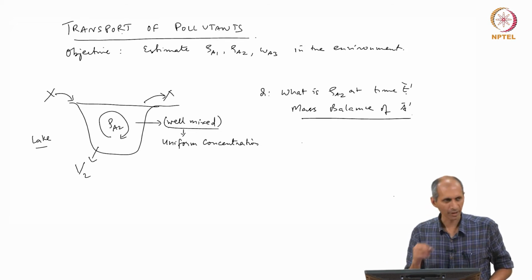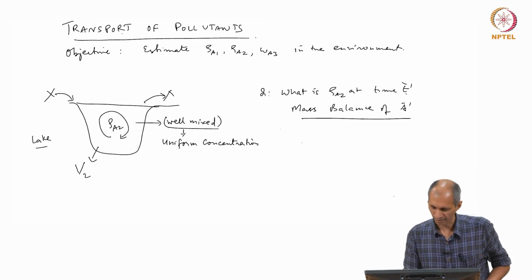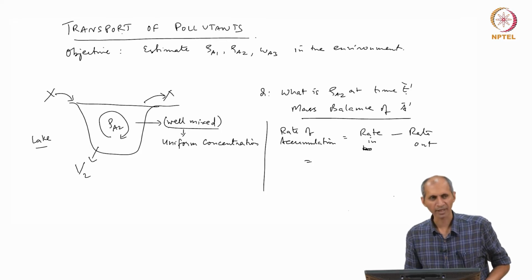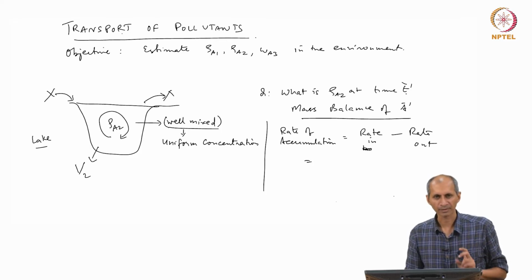Many of you have done mass balance before. The general equation for mass balance is: the rate of accumulation equals rate in minus rate out. This is the general term. Now, rate in minus rate out can take different forms.